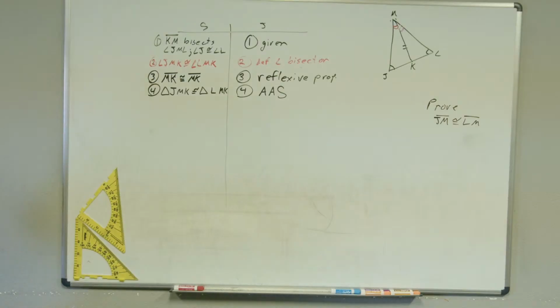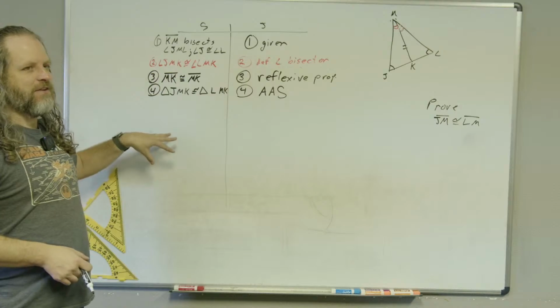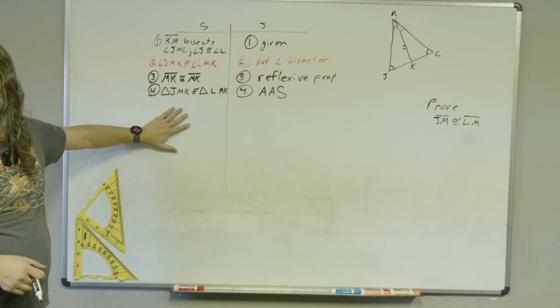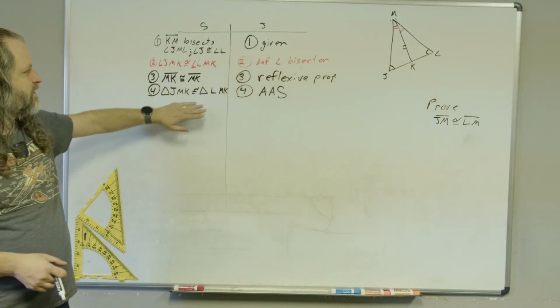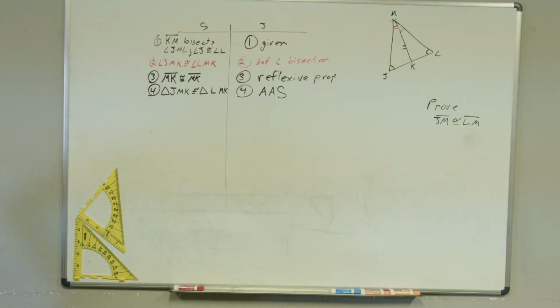Now what can we say? No, it's since this, right? Not since this. It's since something over here, this. Since the triangles are congruent, what's true about their corresponding parts? They're also congruent.